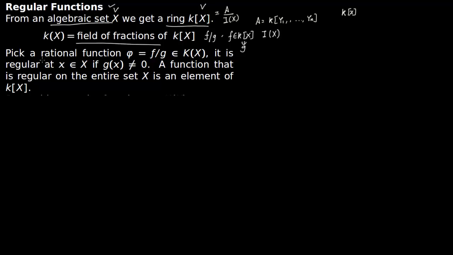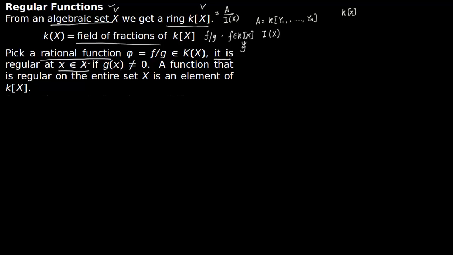So you pick a rational function from this field of fractions. Notice that this bracket is now round rather than square because it's a field of fractions. So a rational function, say phi, which is equal to f by g, is regular at a point in the variety.